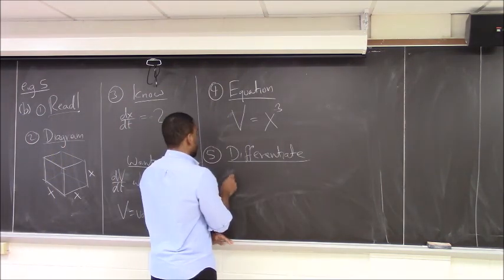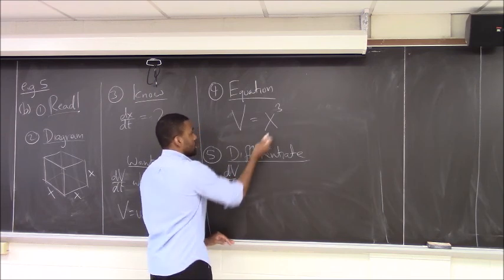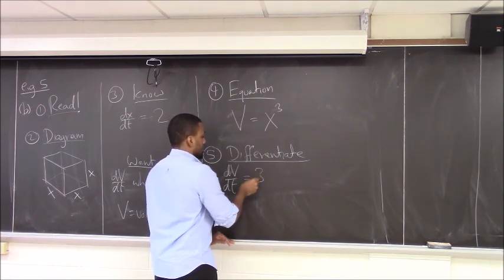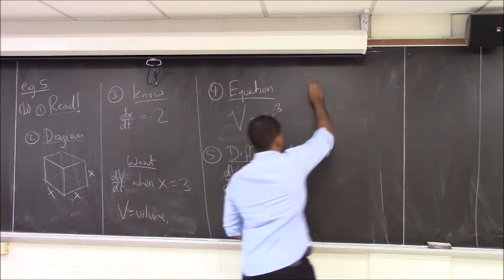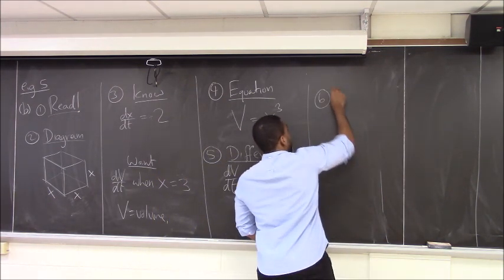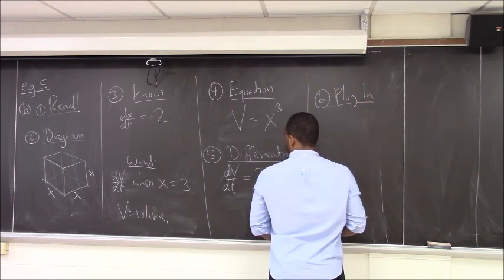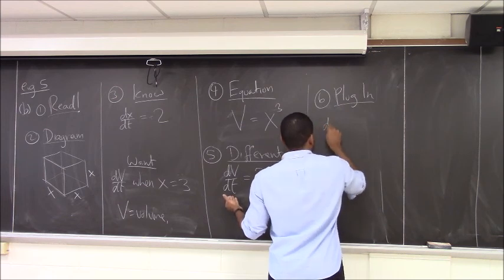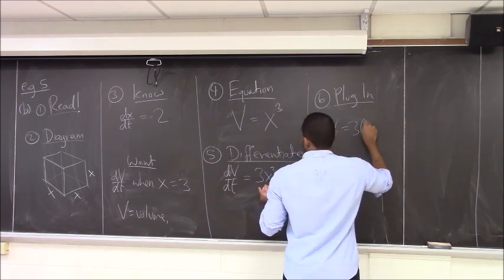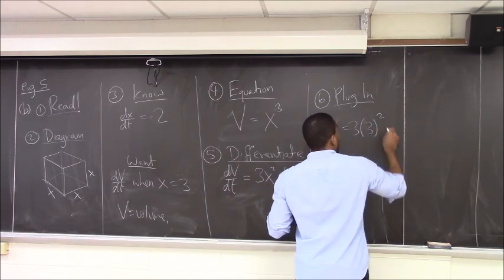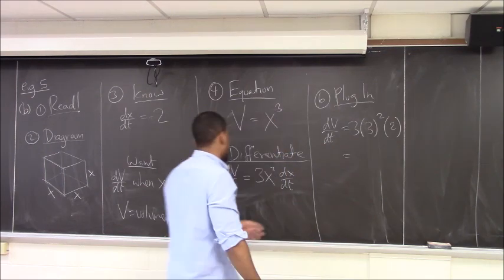Next we're going to differentiate this. dV over dt equals 3x squared dx over dt. Step 6, we're going to plug in. dV over dt we don't know, that stays. But I know that x is 3 and dx over dt is 2. And so what's that?